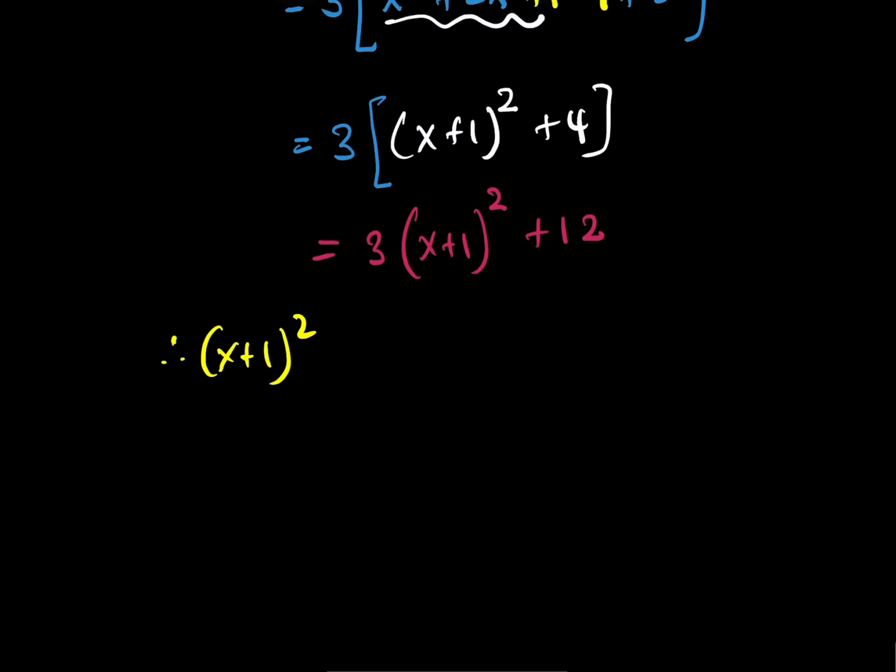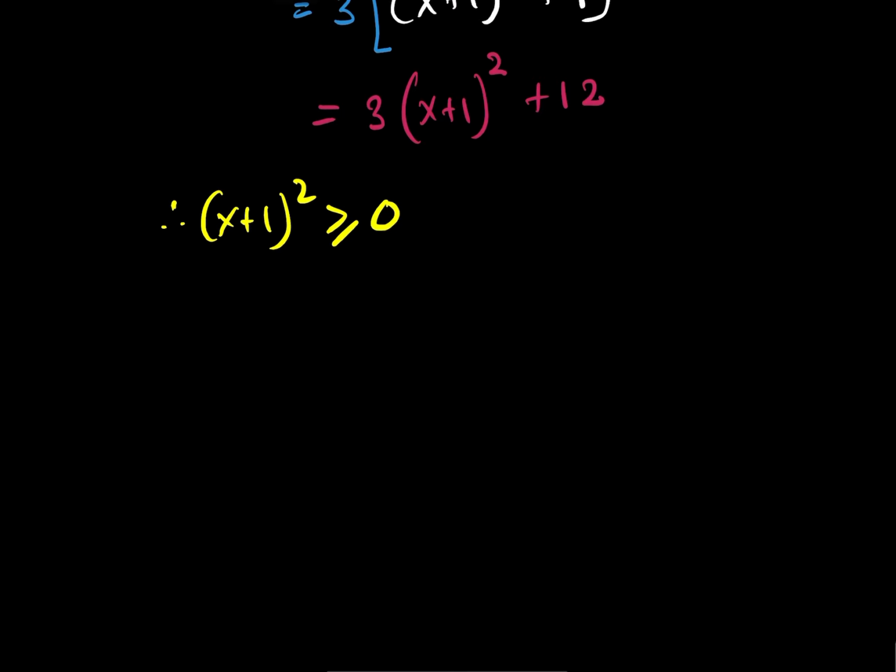But I can include a 0, because when x is negative 1, here I'm going to have negative 1 plus 1, which is 0, all squared, which is still 0. So this is going to be a positive situation whatever value of x I put here, because of that square there.